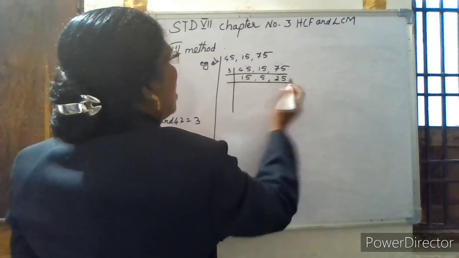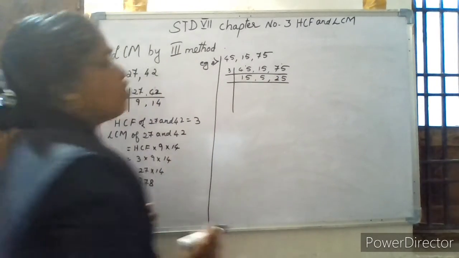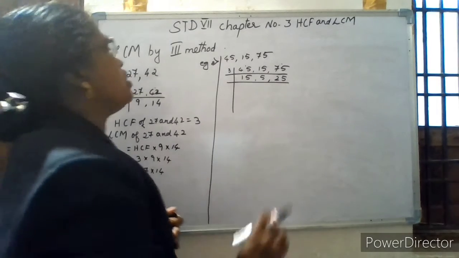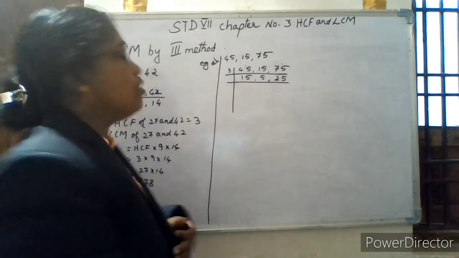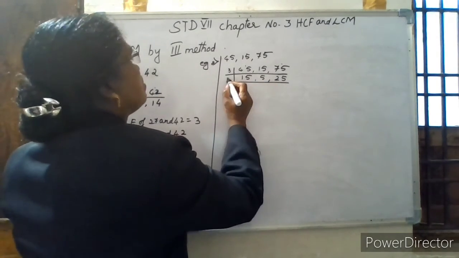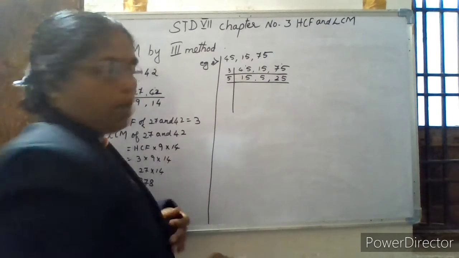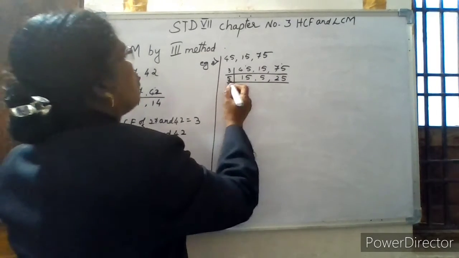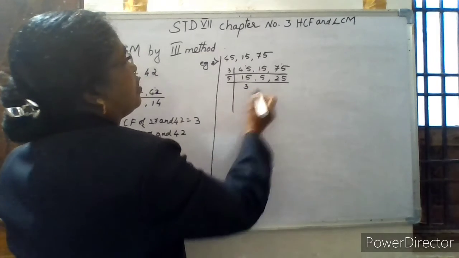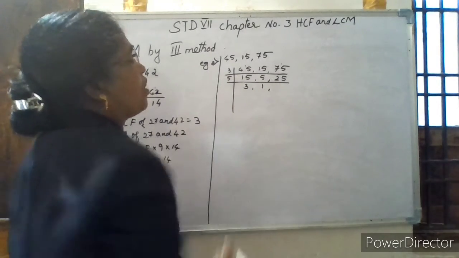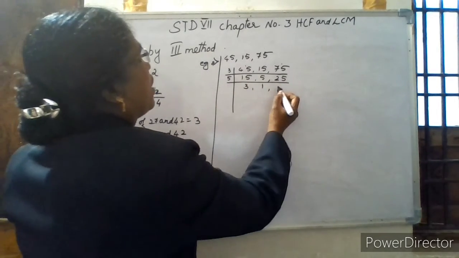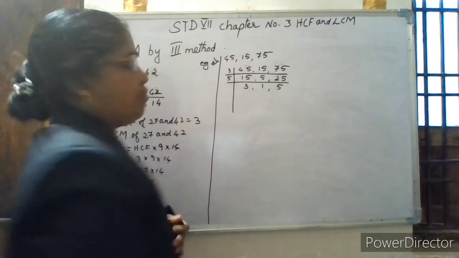Now again you have to see by which common number all these three numbers are divisible. All these numbers are divisible by the prime number 5. So 5 threes are 15, 5 ones are 5, and 5 fives are 25.